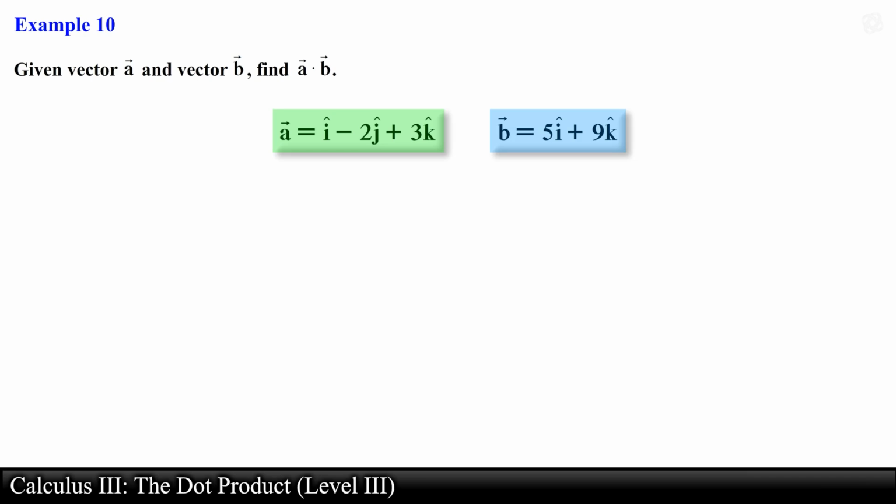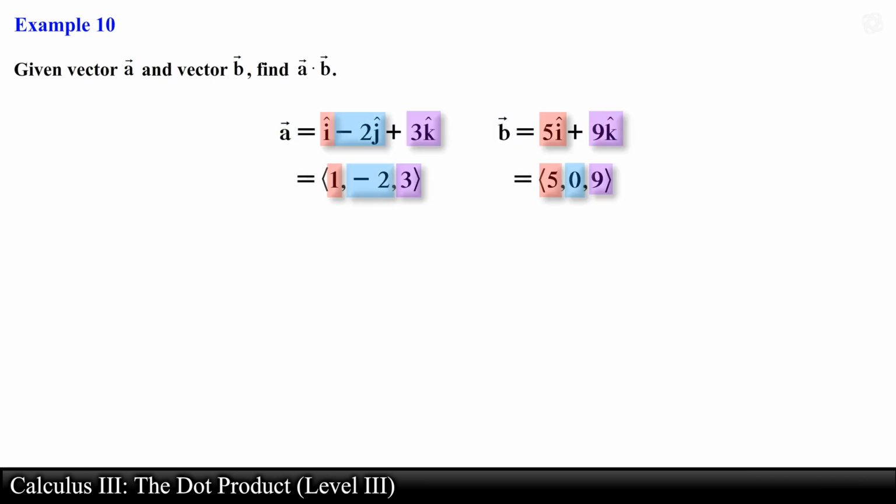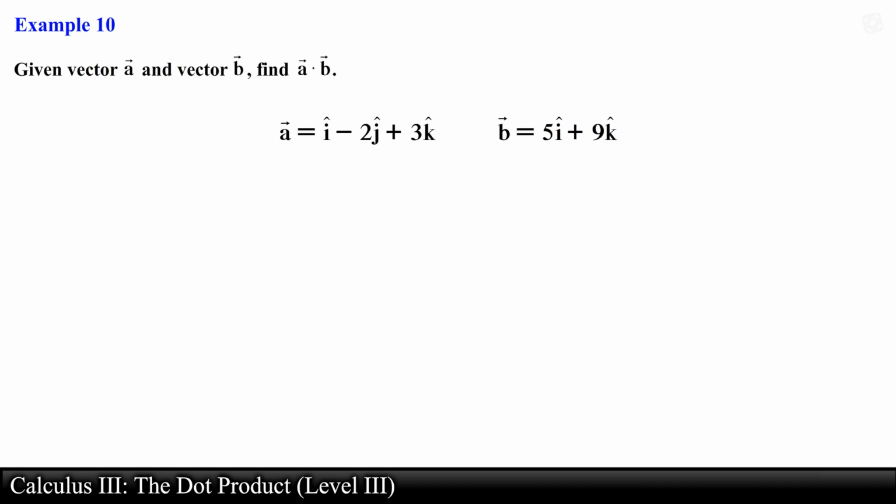Here we have two vectors, written in unit vector form. Recall that the unit vectors i, j, and k represent the x, y, and z components respectively. So we can easily find the dot product by just using the component definition of the dot product.